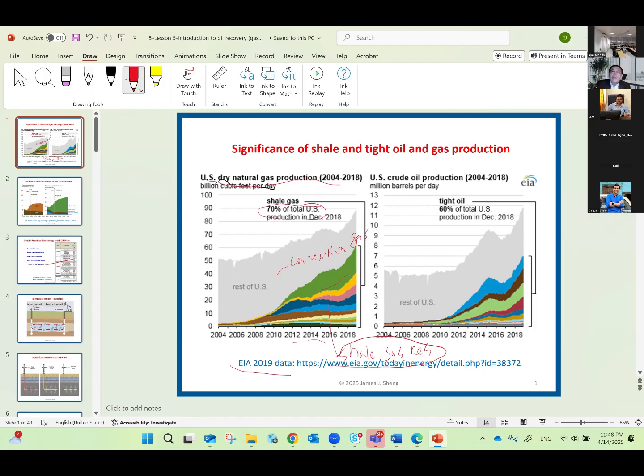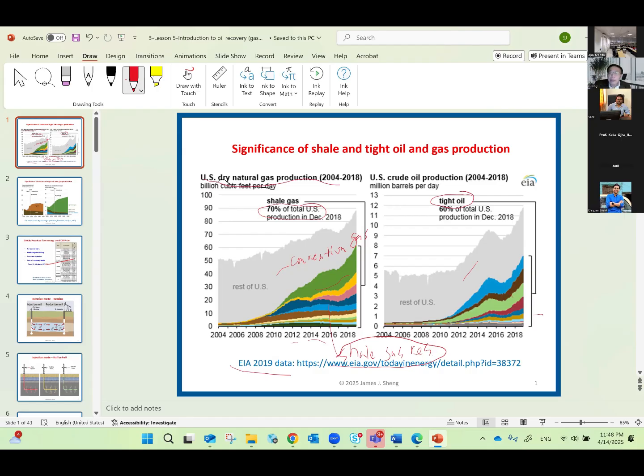Now let's look at oil then. In the right-hand side picture, let's look at the tight oil or shale oil. Similarly, the bottom colored curves represent the oil production from shale and tight reservoirs, while the gray top part shows the production from conventional oil reservoirs.